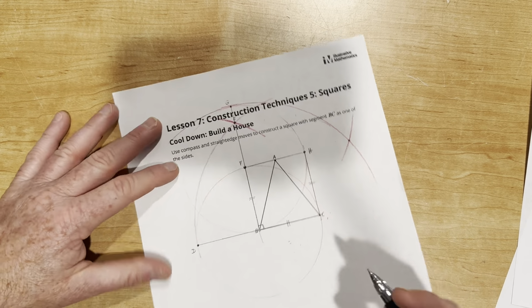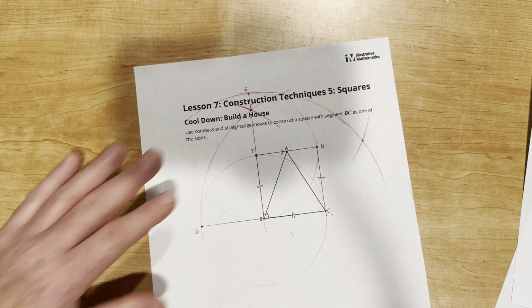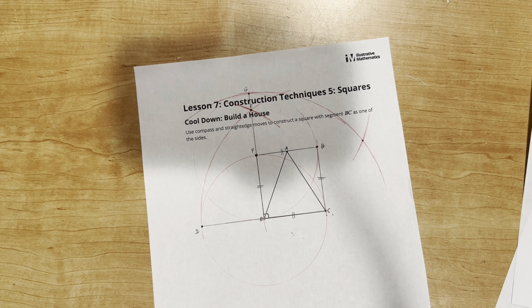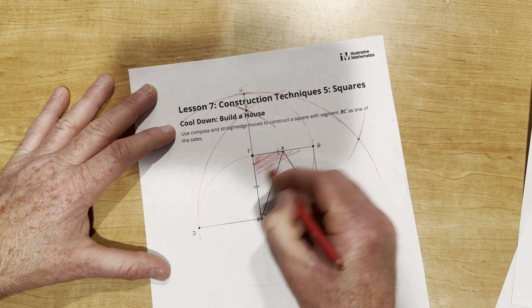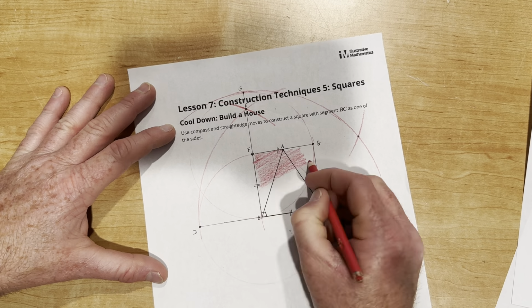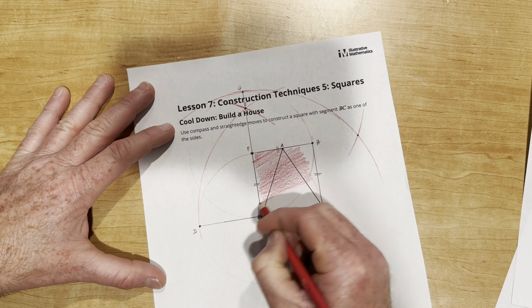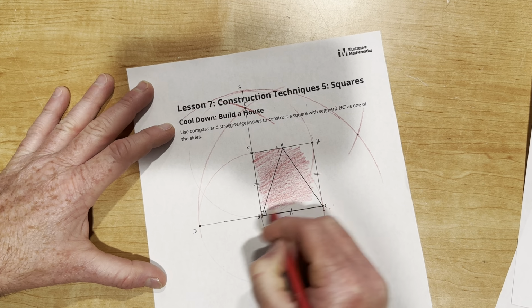Makes this the same length. All four sides are the same. There is our square that we're looking for. I know this is a lot.